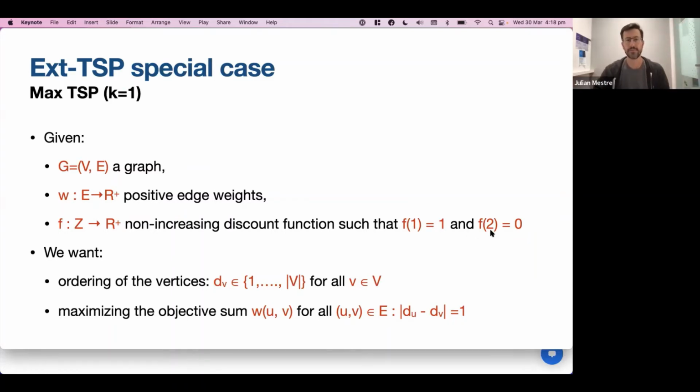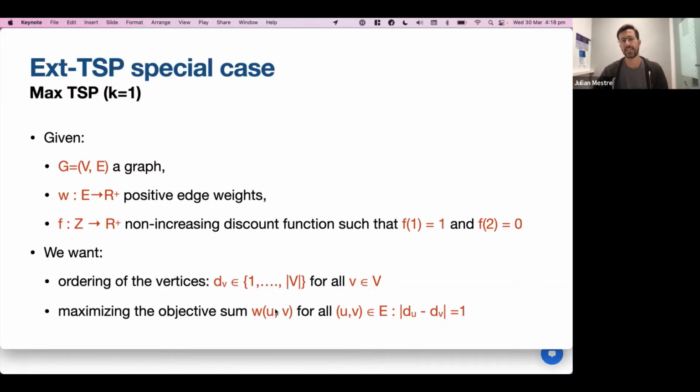So this means that in my objective, I'm just looking at all the edges, and the ones that have the two endpoints right next to one another, I get the full weight of those. Everyone else, I get nothing.